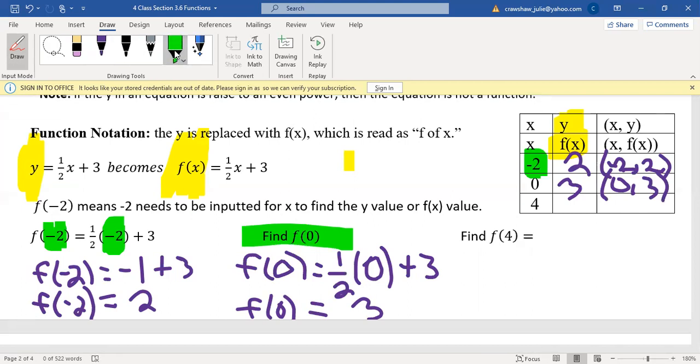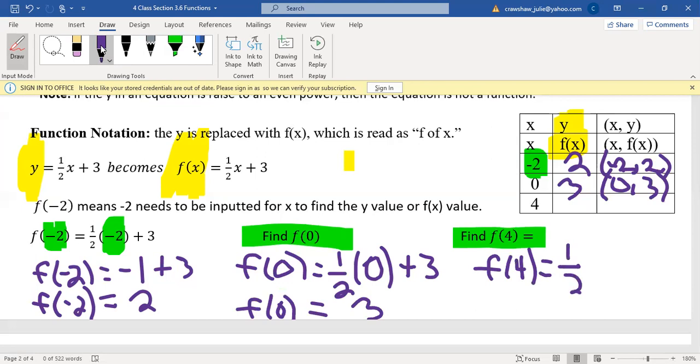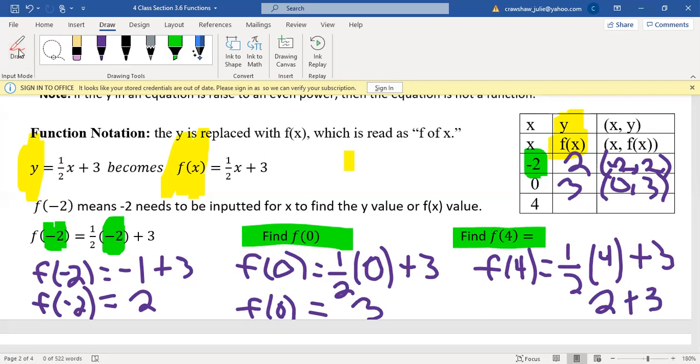Now they want me to find f of 4. So that tells me I need to plug in 4 into my equation. So when x is 4, I'm going to have 1/2 times 4 plus 3. Well, 1/2 times 4 is 2, and 2 plus 3 is going to be 5.